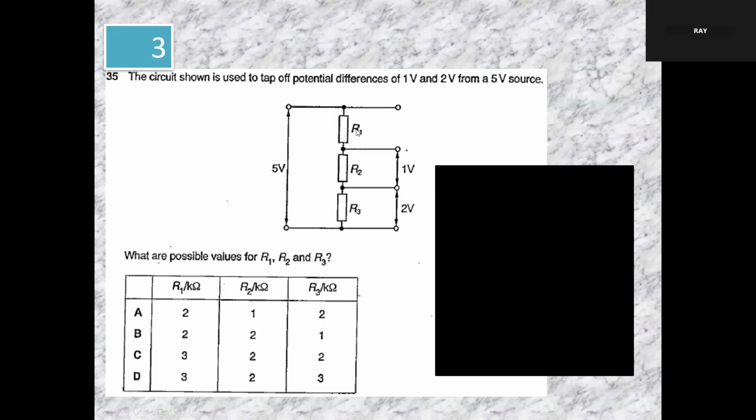It tells you R1 and R3 are the same, but the resistance of R1 and R3 are double that of R2. Then go and check which is the possible one. R1 and R3 are the same, either A or D. But we can deduce from here 2 volt, here 1 volt, current is the same. So it means the resistance is double. So answer is A.